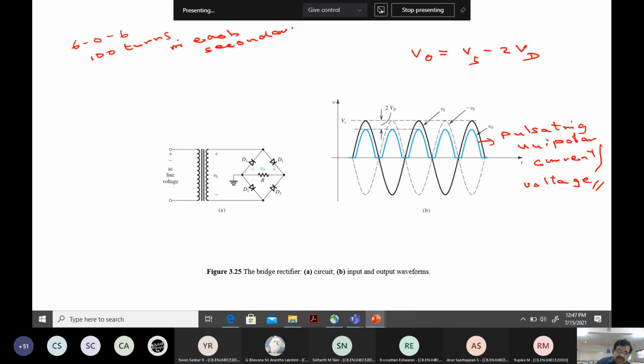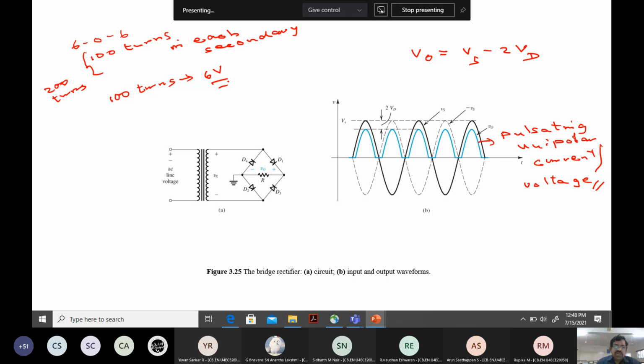So effectively, the center tap transformer will have 200 turns, such that only one half is used. Whereas with the same 100 turns, without taking a center tap, I can produce that 6 volt output. Okay, so that is the story with this.